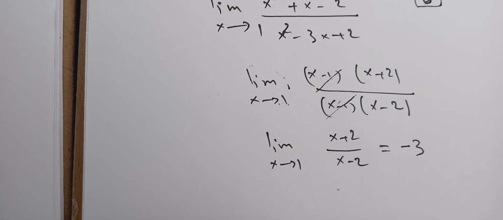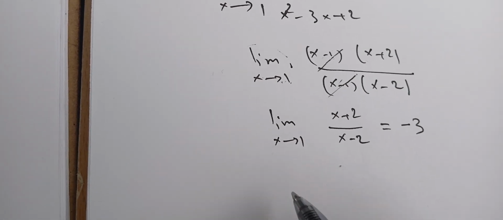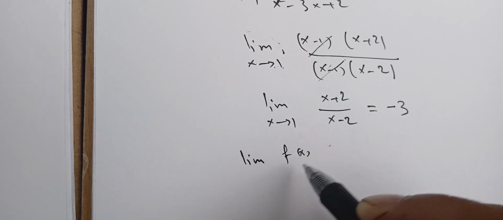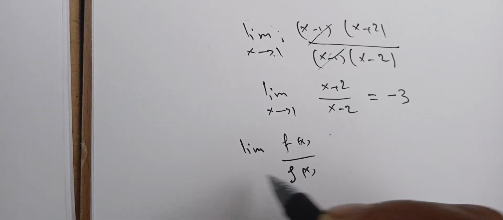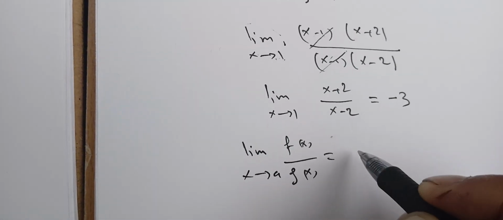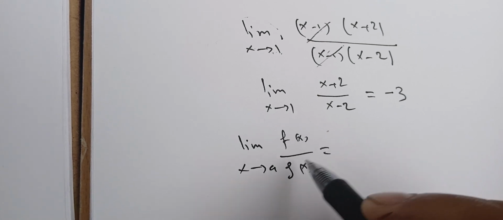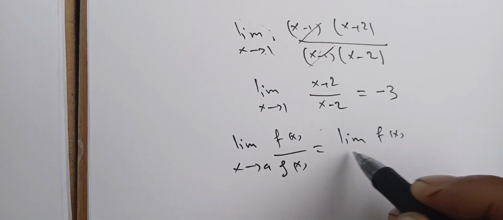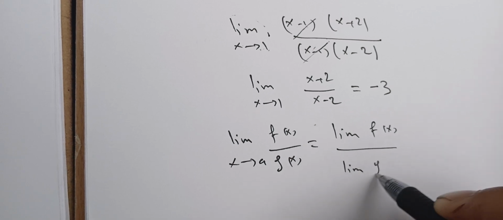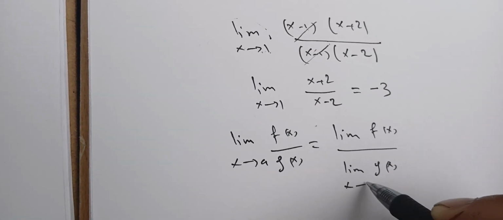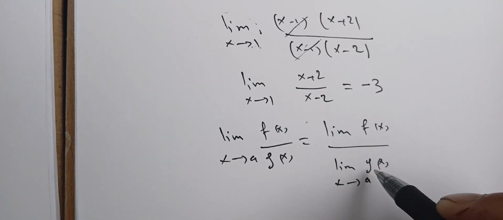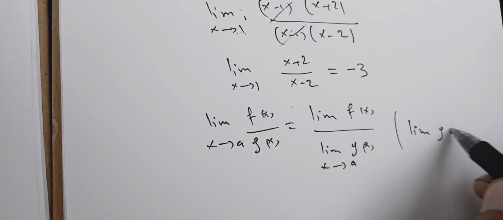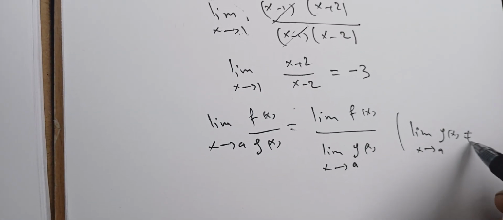This one doesn't violate the rules, because we know that the limit of f of x over g of x as x goes to a is the quotient of the limits, if these two exist, with the condition that the limit of g of x as x goes to a is different from 0, because we don't want to divide by 0.